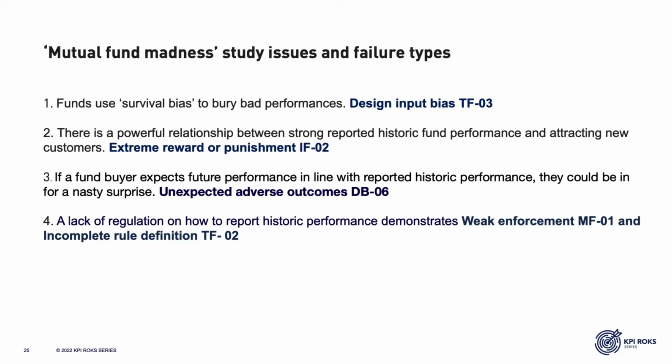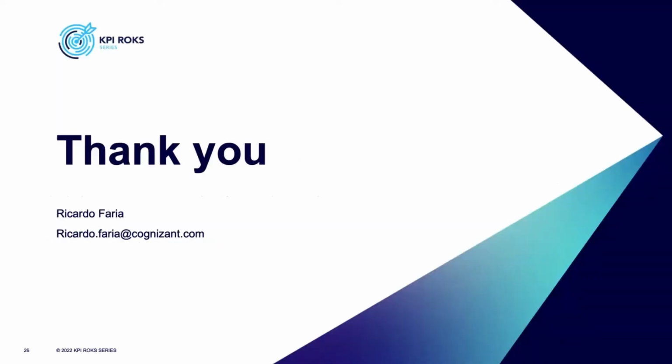It's a pure sales environment and there's no one to control how we do it. It's weak enforcement and also incomplete rule definition. So we are pushing without regulation, and the result of that is incomplete rule definition. And that is the end.